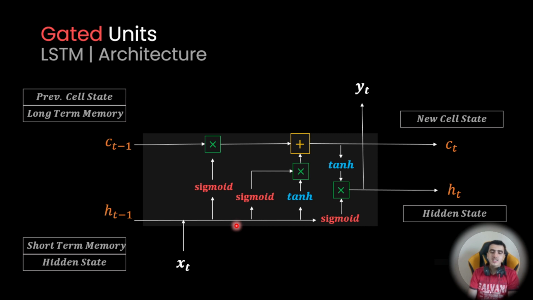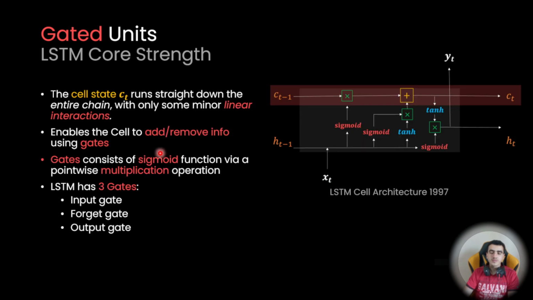Okay, so basically we will be having these 3 gates. They are called the forget gate, the input gate, and the output gate. But let's first discuss the core strength, as I've said, which is this cell state. This cell state, or the long-term memory, can be considered as the chain which passes through the full neural network and flows the information in a very smooth and elegant way across each unit of the input.